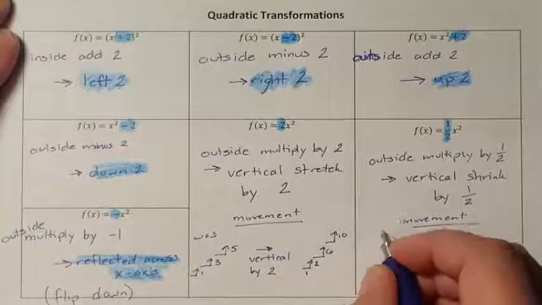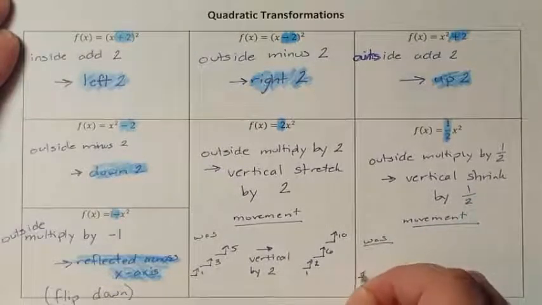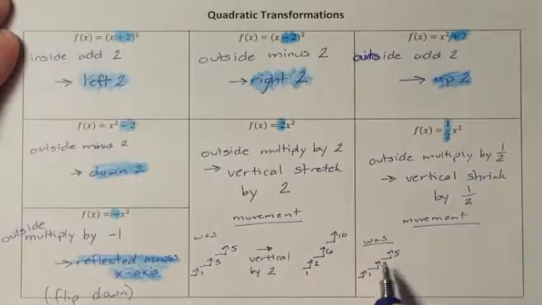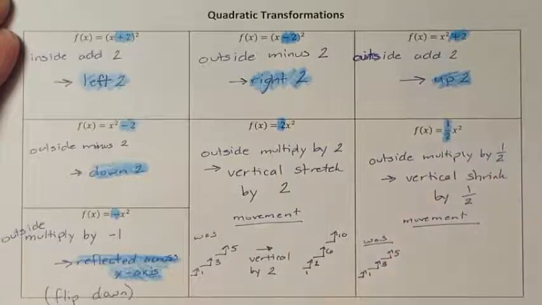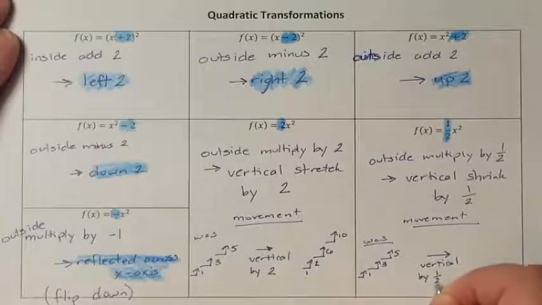Well, now let's go ahead and look at what happened when it was 1/2. Over 1 up 1, over 1 up 3, over 1 up 5 is what it used to be if it was just the plain old parent. It's no longer the plain old parent. It now has a multiply by a half. So that meant that we need to multiply all of our verticals by a half.